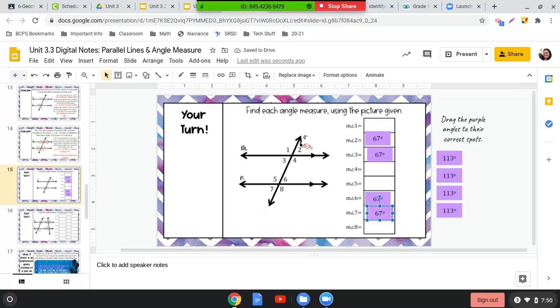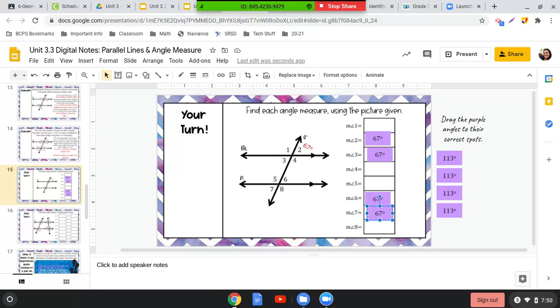Now we have our obtuse angles. Well, we know that our obtuse and our acute angles are supplementary. So if you add them up, they're going to be 180 degrees. And we know we have 67 degrees. So we're going to just subtract 67 from 180, and that gives us 113 degrees.